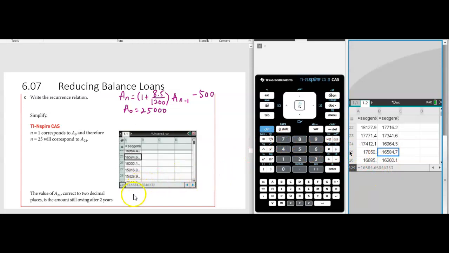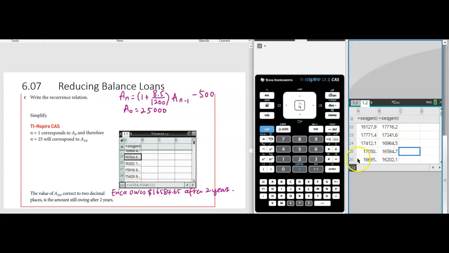So how much does Erica owe after 2 years? Erica owes 16,584.65 after 2 years. Now, just for interest, what is the difference between this amount and the previous amount? Using your CAS calculator, you see the values are side by side.